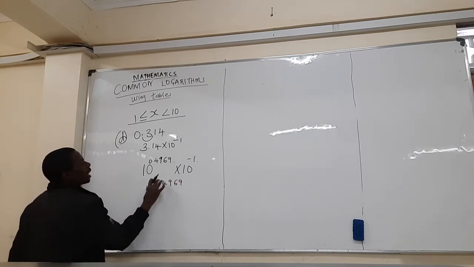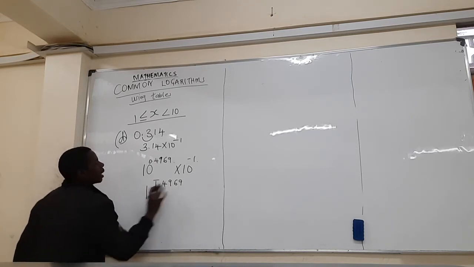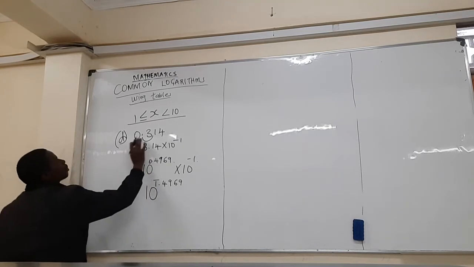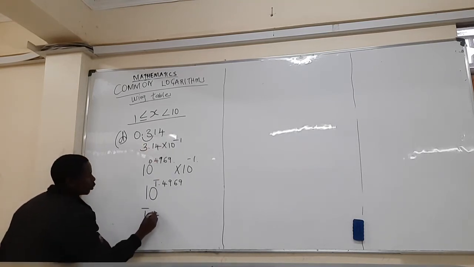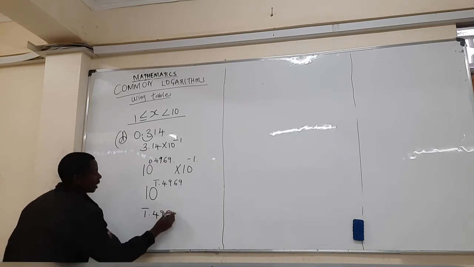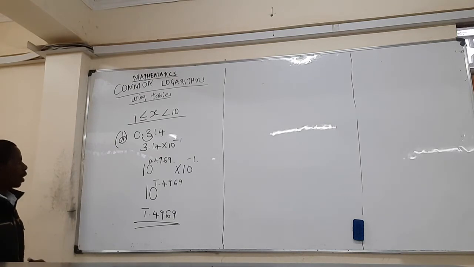Because it is only this part that is negative, not the whole thing. That's why we write it as bar 1. So the logarithm of 0.314 is bar 1.4969.